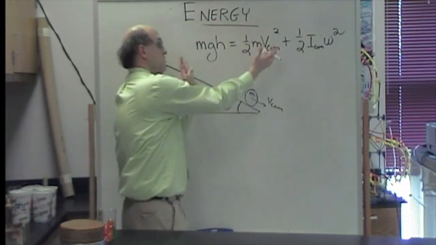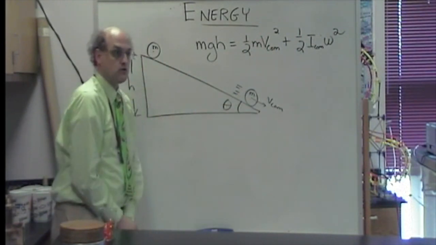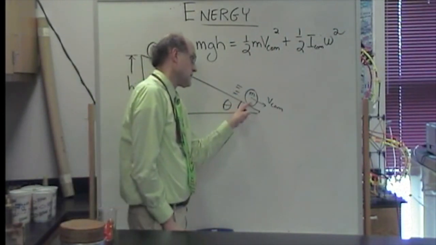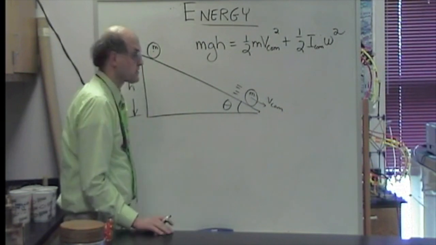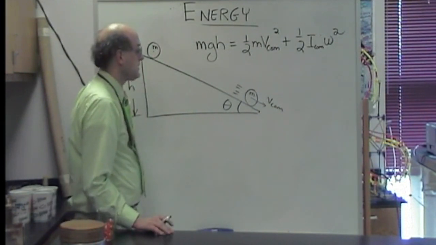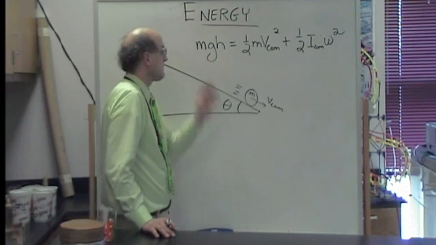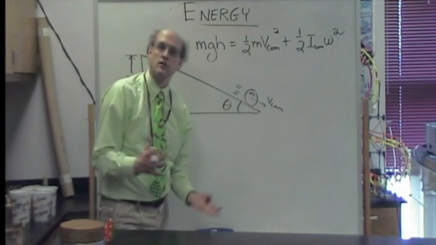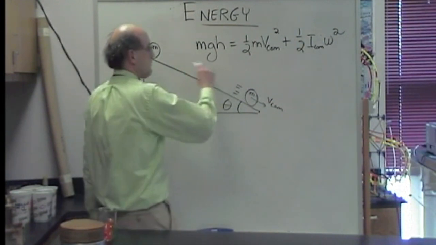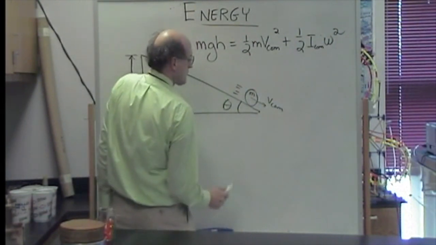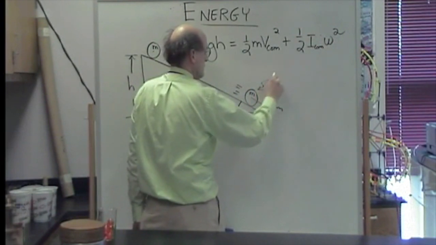So we can use this equation, for example, to predict the speed of the center of mass, knowing the acceleration due to gravity, the height, and some other things. Okay, let's take a look at that. What I'm going to do here is first treat this as a disk.